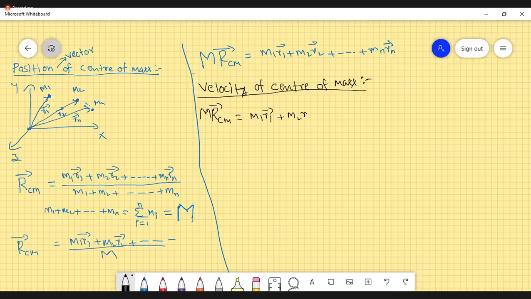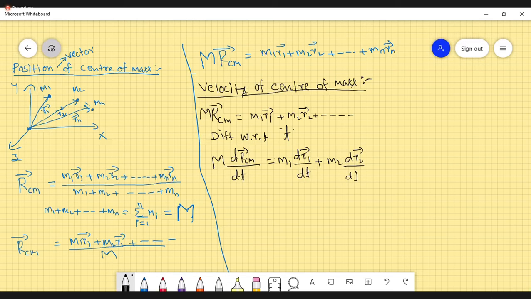Differentiate the above with respect to time. The mass of the system is constant, therefore M into dR_CM by dt equals m1 into dr1 by dt plus m2 into dr2 by dt plus and so on.